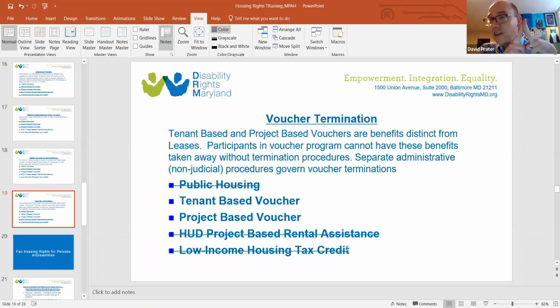They may get both at the same time. And really, those are two separate processes. The notice of termination from the landlord is to evict the tenant from the unit, and the notice of termination from the public housing authority will be for the purpose of terminating the resident's participation in the voucher program.